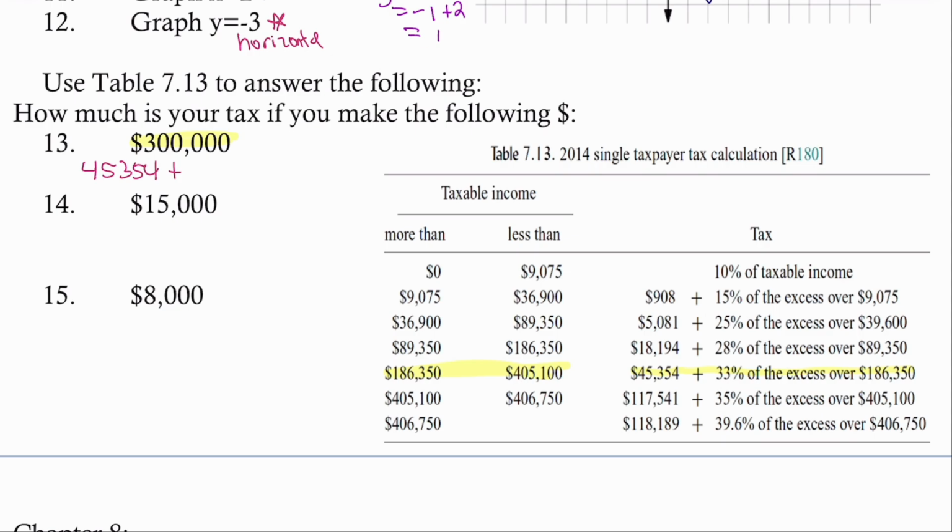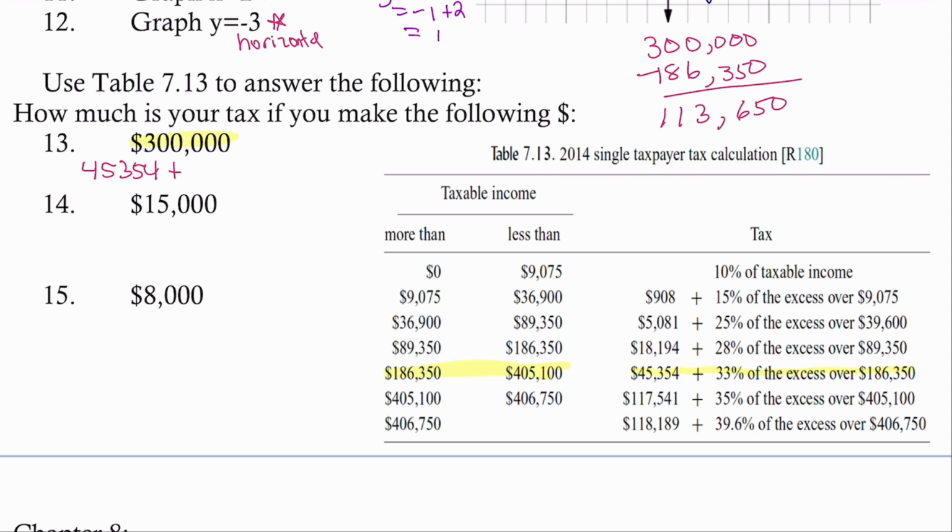What do we add on? Just take 300,000 minus 186,350. We have to subtract to see how much extra we made. And you'll see that we made $113,650 over the 186 threshold.